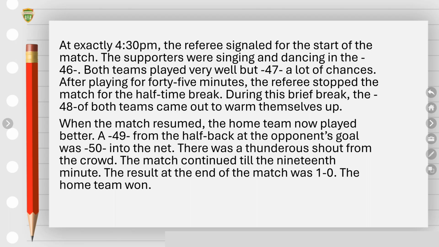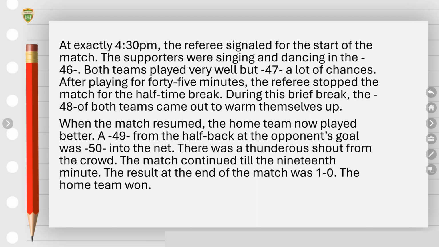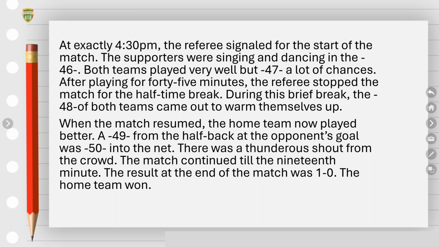When the match resumed, the home team now played better. A shot from the halfback at the opponent's goal was headed into the net. There was a thunderous shout from the crowd. The match continued till the 19th minute. The result at the end of the match was 1-0.